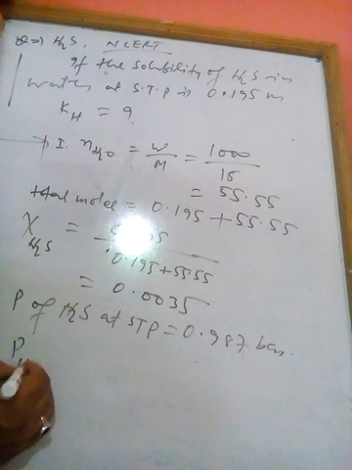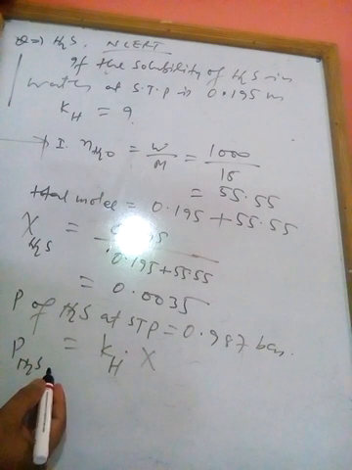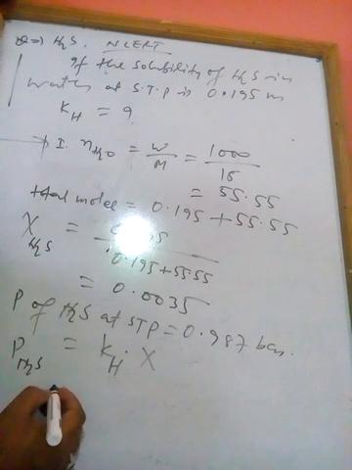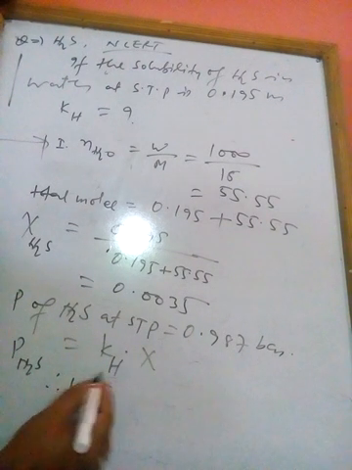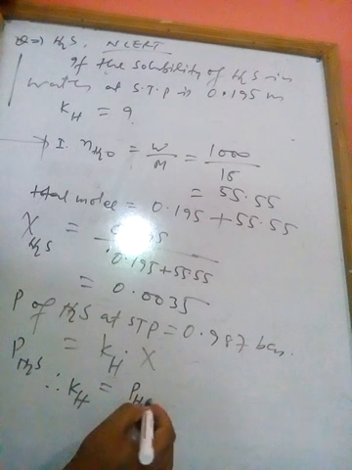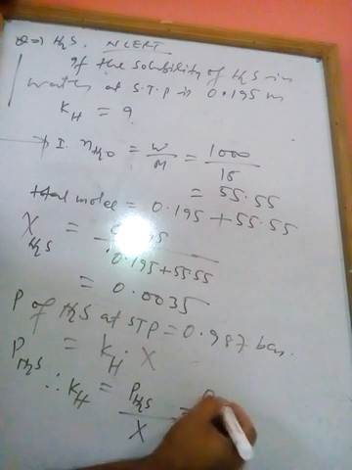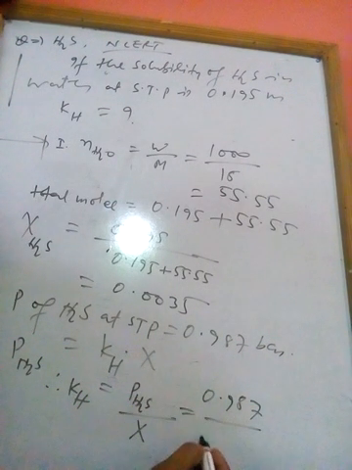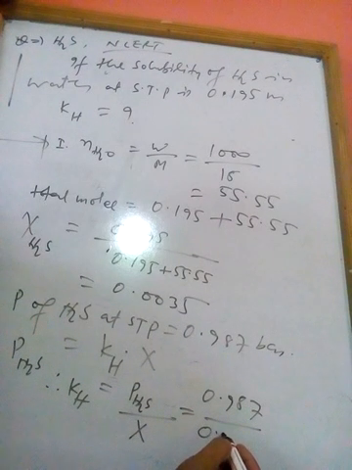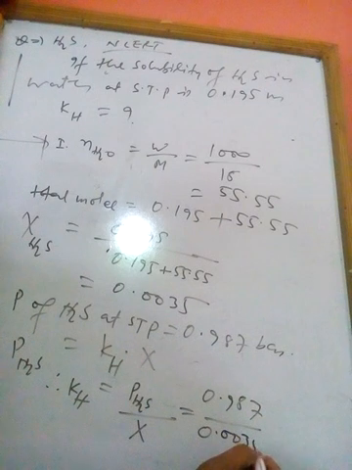So P of H2S is equal to KH into mole fraction. Therefore KH is equal to P of H2S by mole fraction. P of H2S is 0.987, that you know, and x is the mole fraction, which we have got as 0.0035.